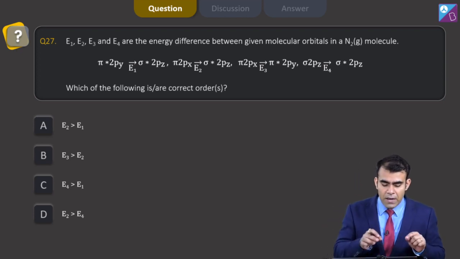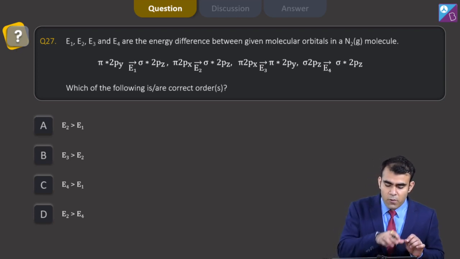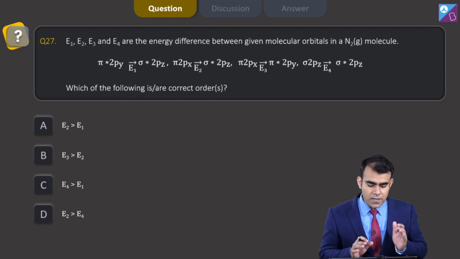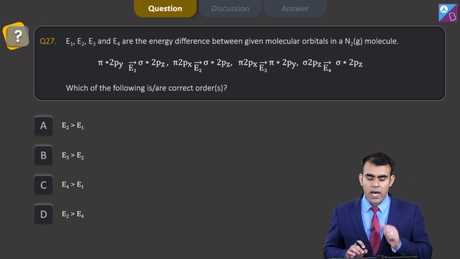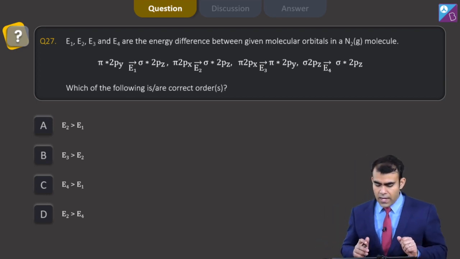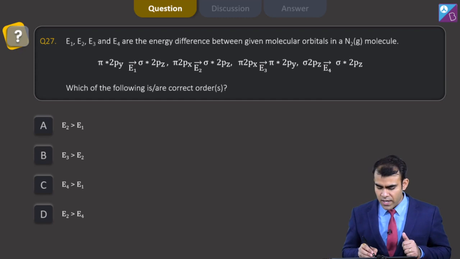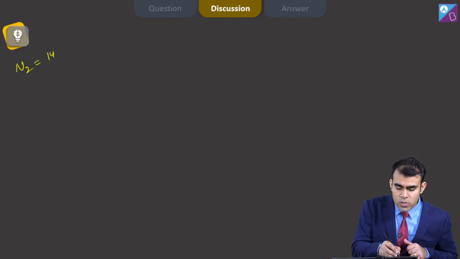Now here we have been given the energy differences, or the transition from one orbital to another molecular orbital, and we have to see which of the following is or are the correct order. Now let's first draw the molecular orbital diagram of nitrogen. I know you all know this, that in N2 we have 14 electrons.